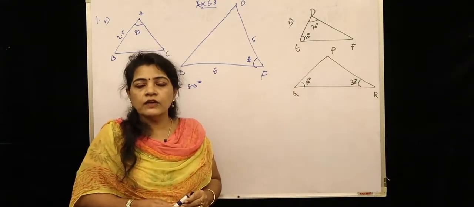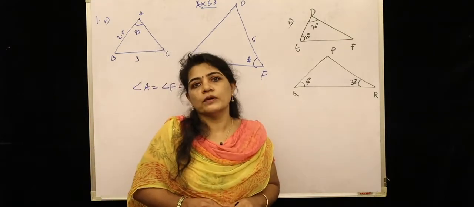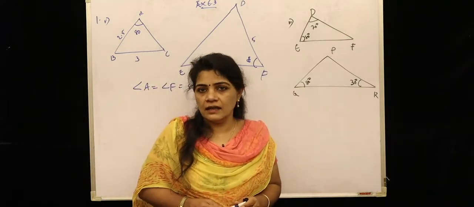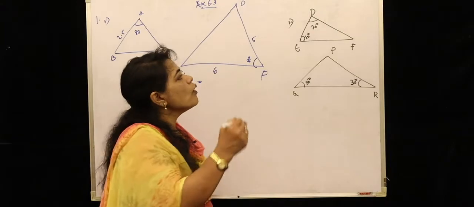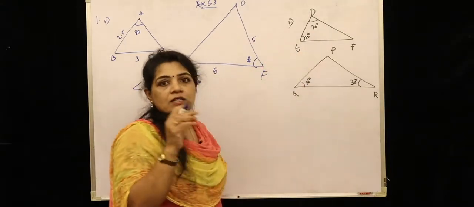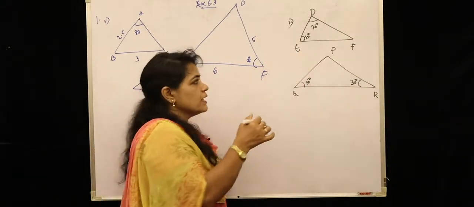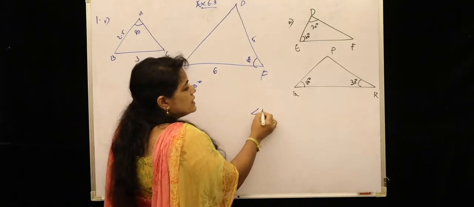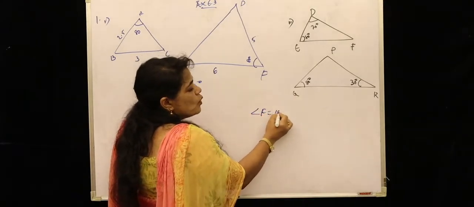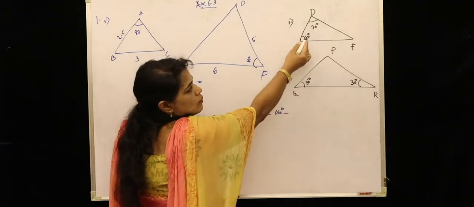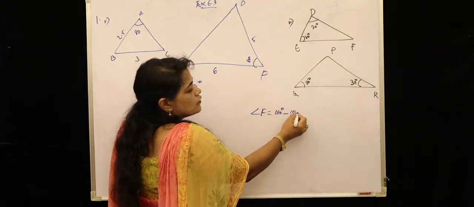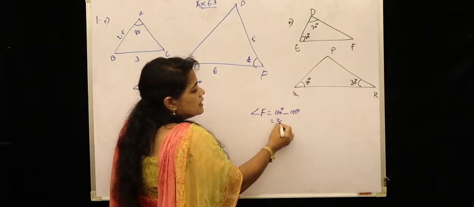But we know that by the angle sum property you can easily get the third angle. The sum of 80 plus 70, that is 150, should be subtracted from 180. Angle F is equal to 180 minus the sum of the given angles, that is 150, that is 30 degrees.